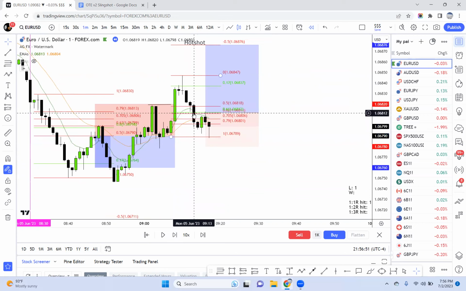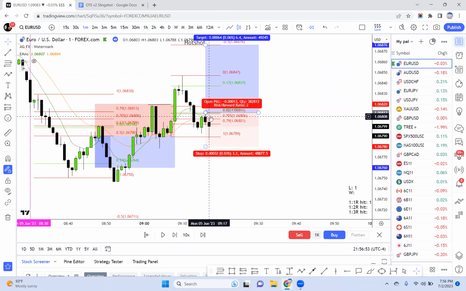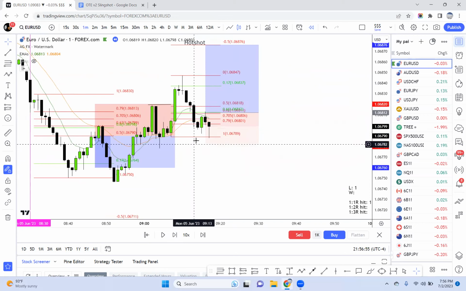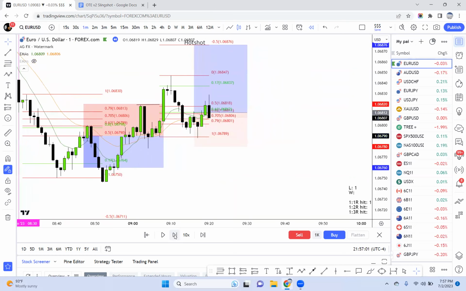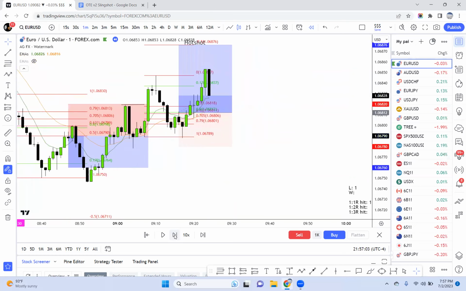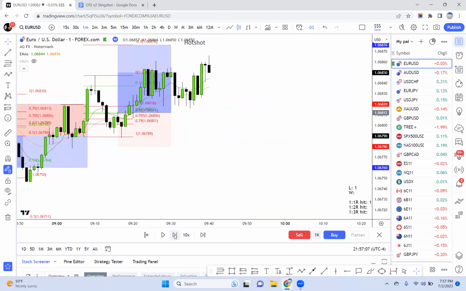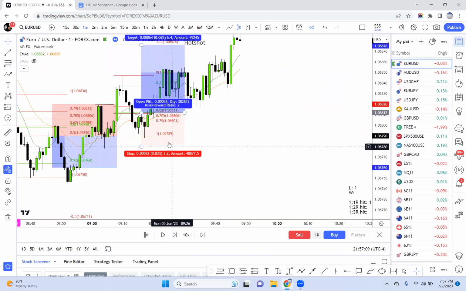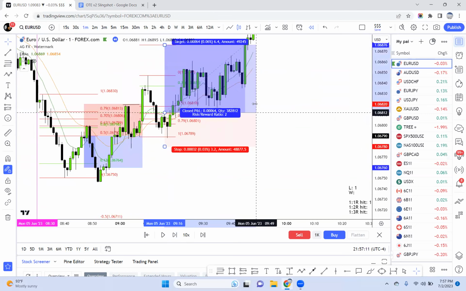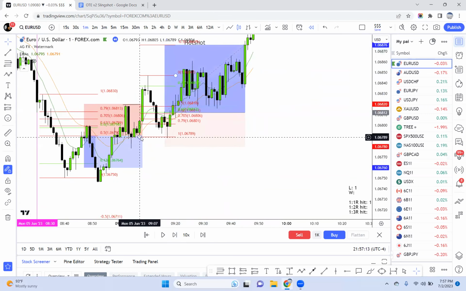Notice the EMAs are slingshotting. The 9 is kind of sloping down. Not a good sign. It did wick below the 1 level, but it has not stopped us out. That was a winner right there. It did not stop us out. It did wick below the 1 level.